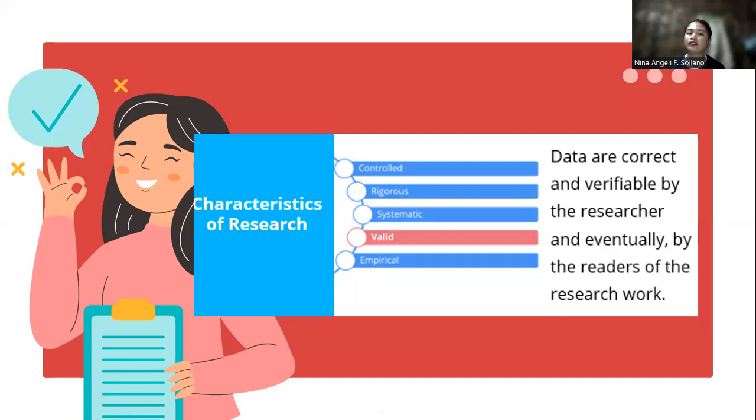Research is not like an essay writing wherein you can write the introduction, body, and conclusion before you write a title. In research, title is the very first one, okay? The very first thing to do. Next is valid. So again, research data must be correct and verifiable by the researcher so that the readers of your research will not be confused, okay?